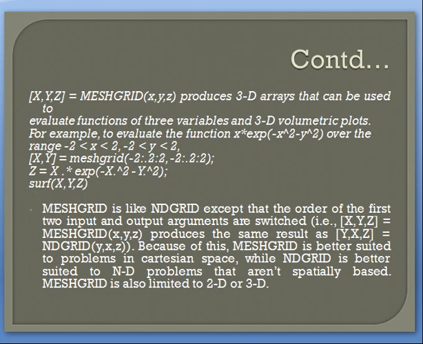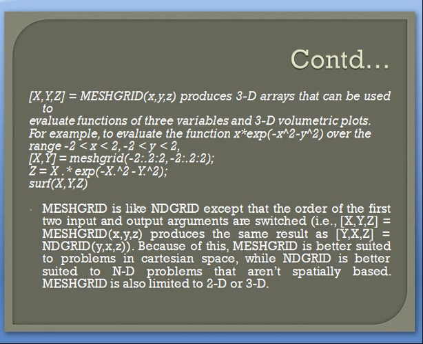Now for 3D arrays, we use [X, Y, Z] = meshgrid(x, y, z) that produces 3D arrays that can be used to evaluate functions of three variables and 3D volumetric plots.